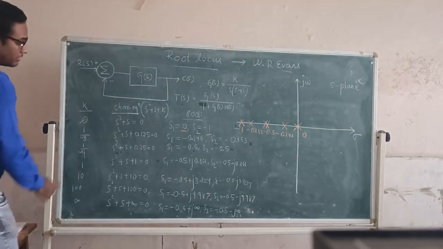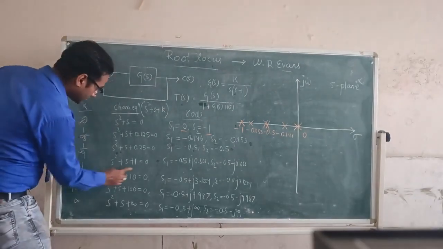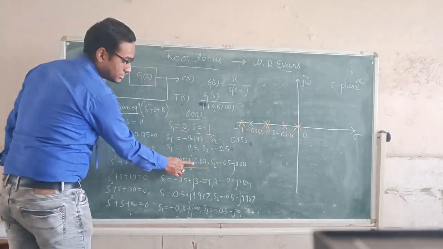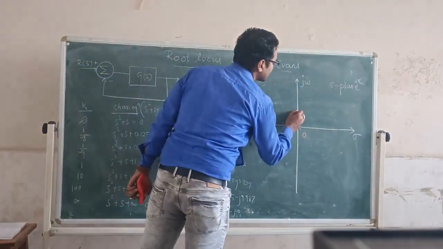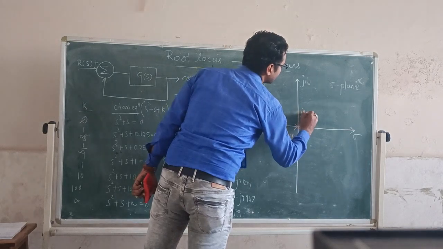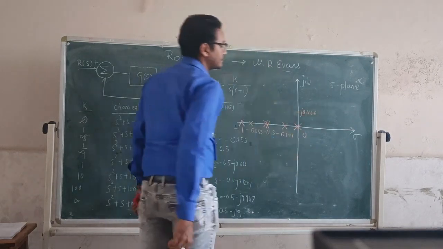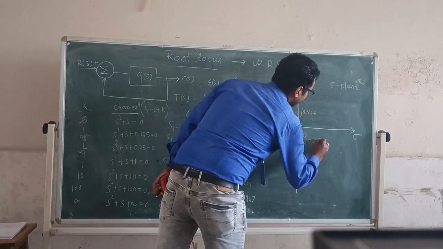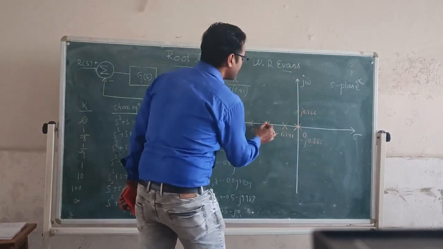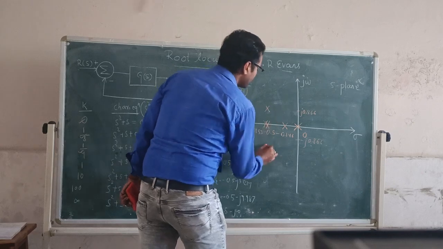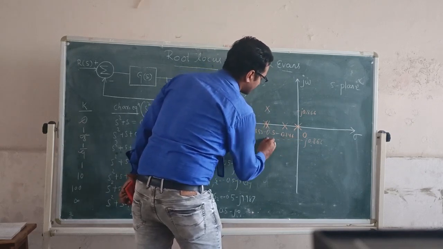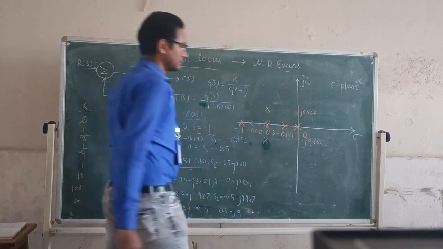If k = 1, where are my roots? See here, my roots are at -0.5 + j0.866 and -0.5 - j0.866. So one root will go up and one root will go down.